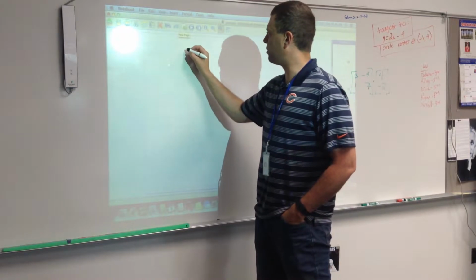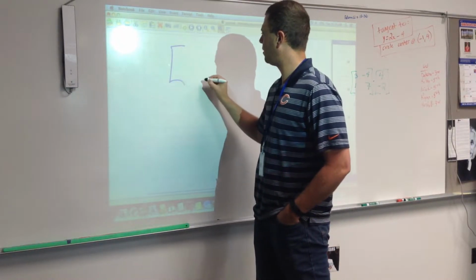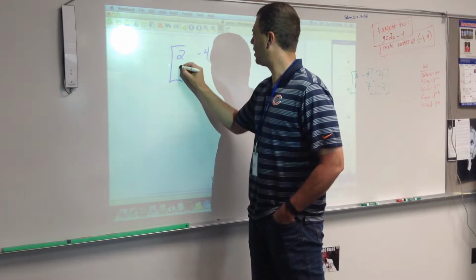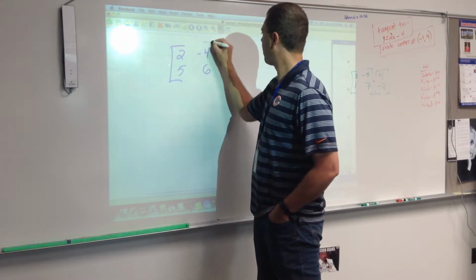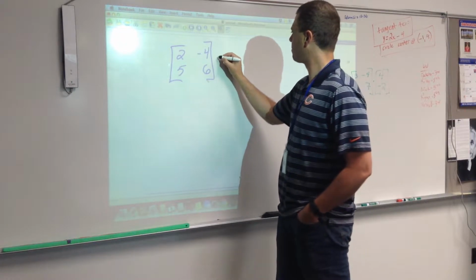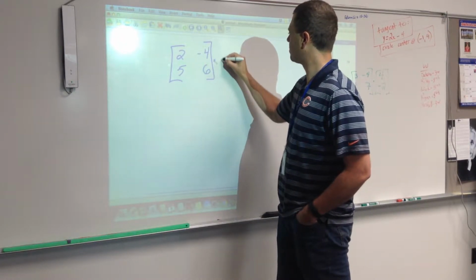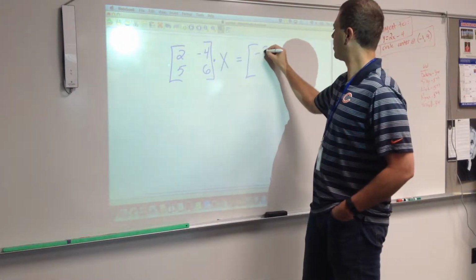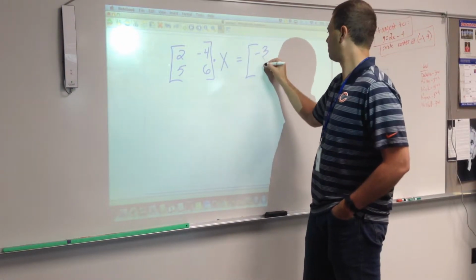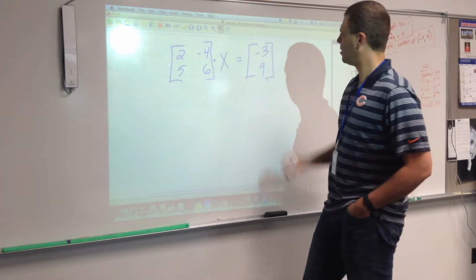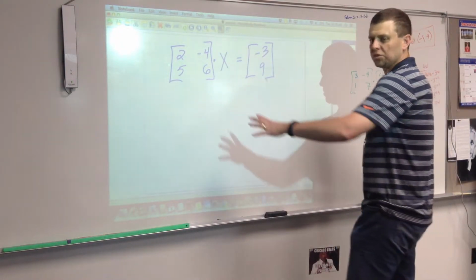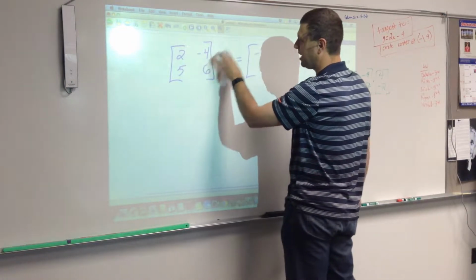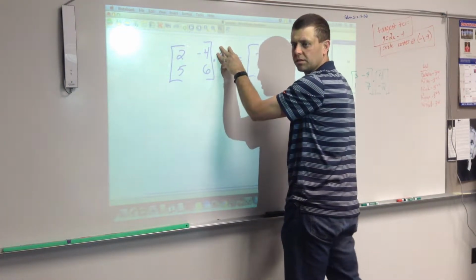What you will eventually solve is some sort of equation that may look like this. I have some matrix here times another matrix.